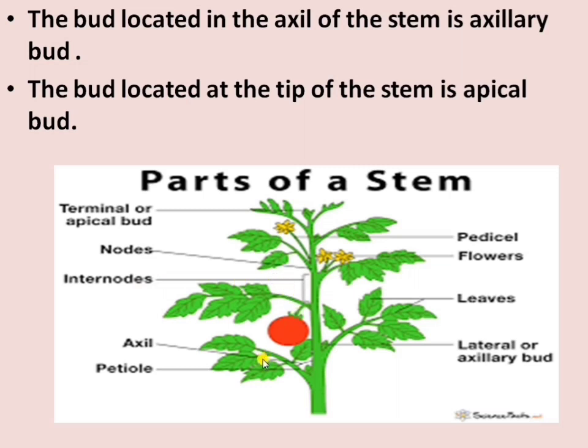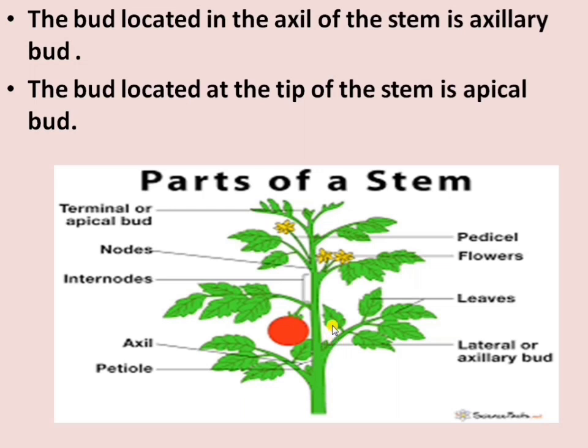Third one is axil. It is the angle between the stem and the branch or the stalk of a leaf. Next is bud. These swollen parts on the axil or apex are buds.